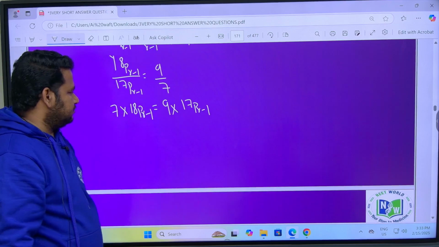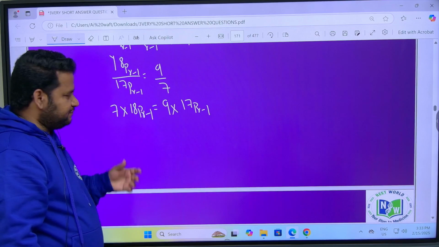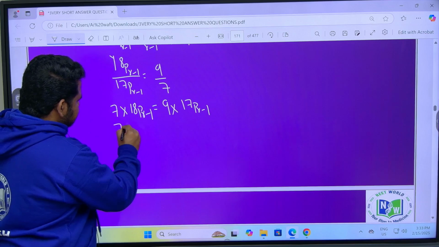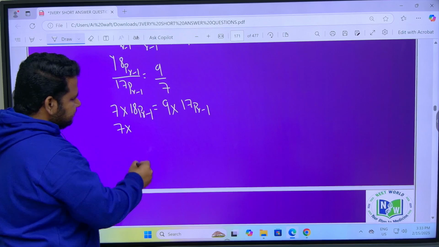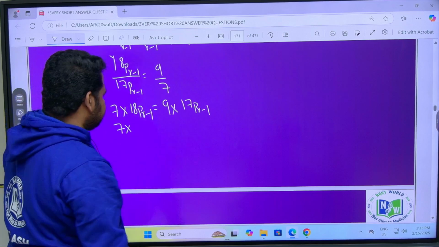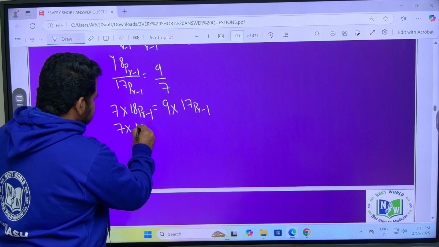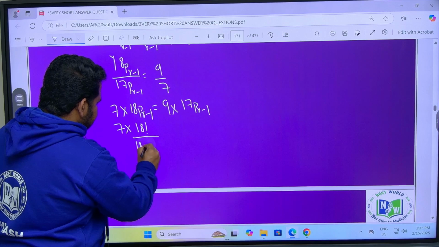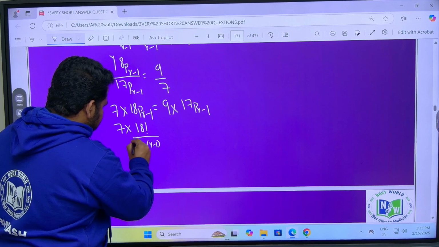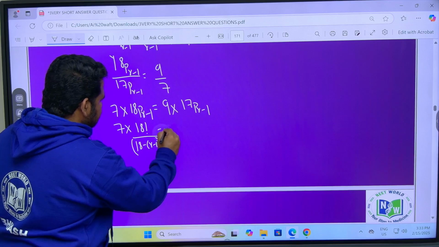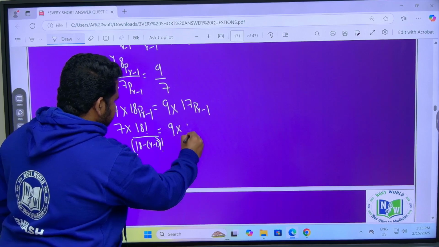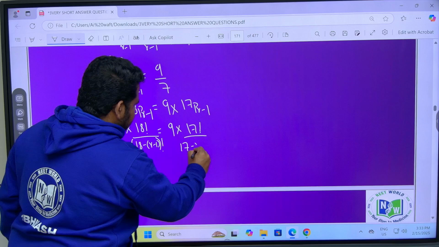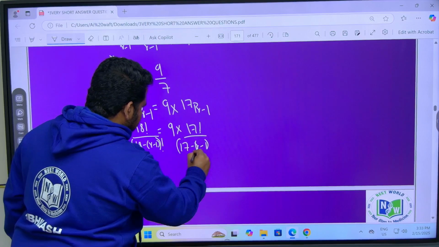So this is what we got. Now further we will simplify. NPR means n factorial by n minus r factorial. So I can write this as 18 factorial by 18 minus r minus 1 whole factorial, and this as 17 factorial by 17 minus r minus 1 whole factorial.